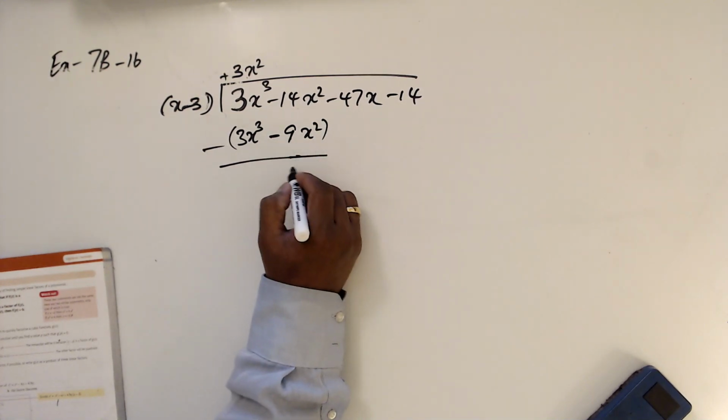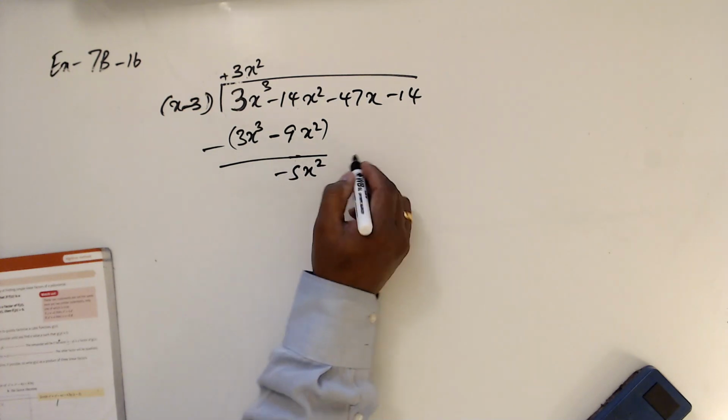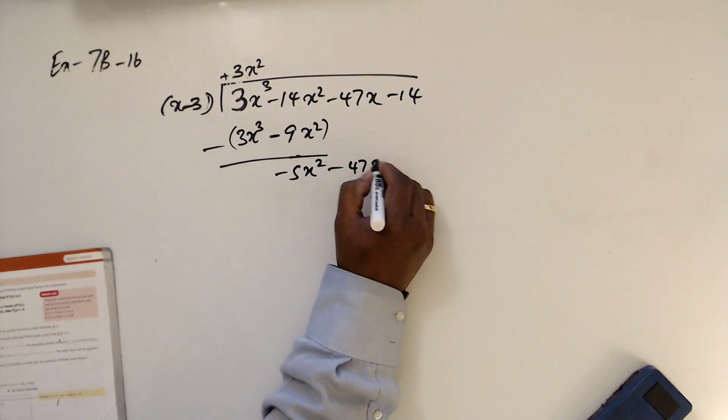This is going to be 5, minus 5x square, minus 47x.